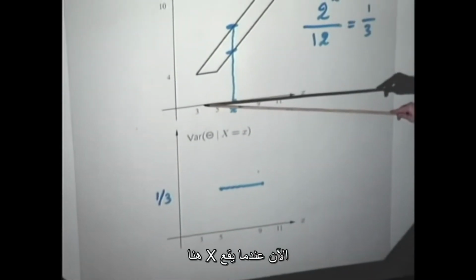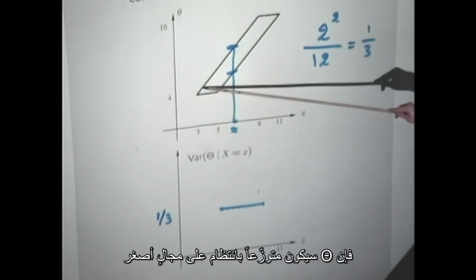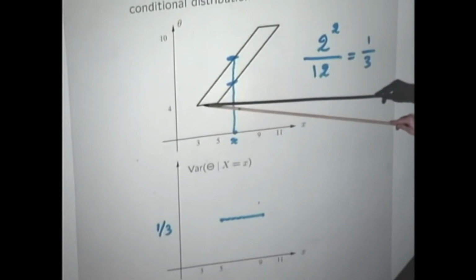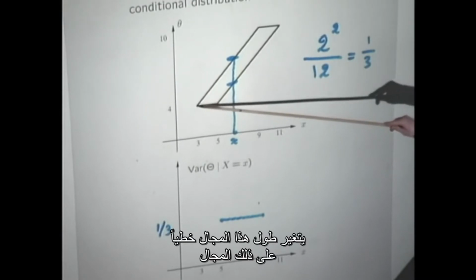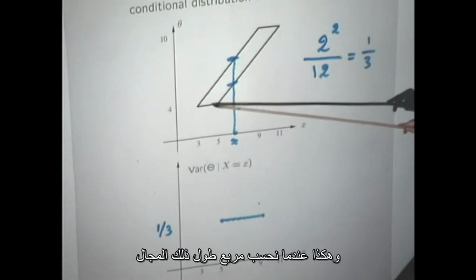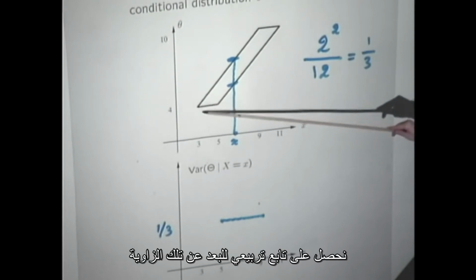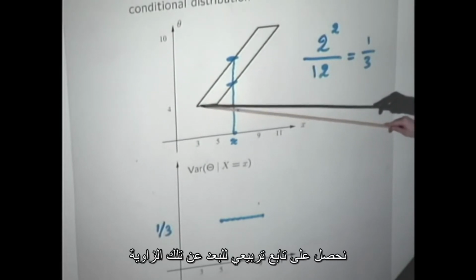Now, when x falls in here, theta is uniformly distributed over a smaller interval. The size of this interval changes linearly over that range. And so when we take the square of that, the square size of that interval, we get a quadratic function of how much we have moved from that corner.